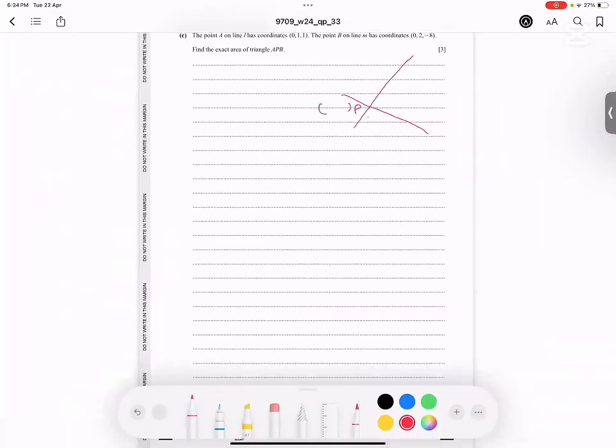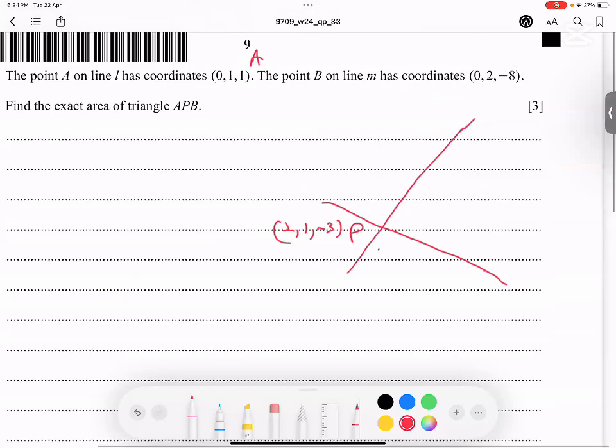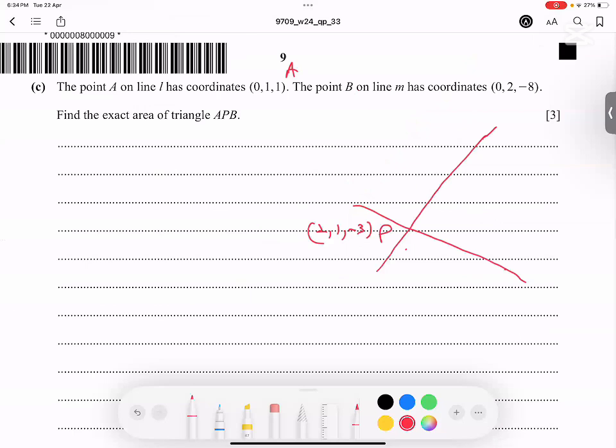So basically, students, we have to find it. This is point A, so we can say roughly 0, 1, and 1. And B is here, so the B point is 0, 2, and negative 8.